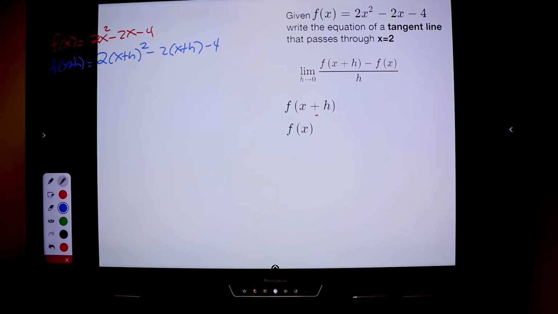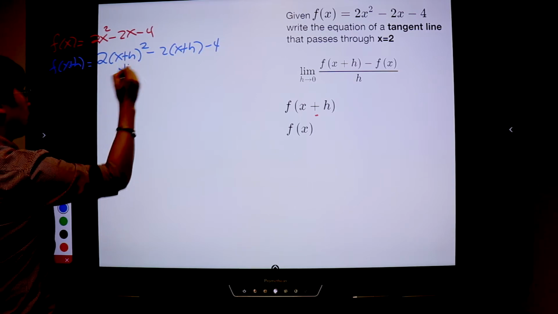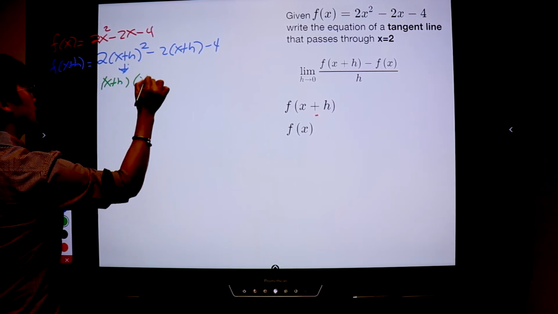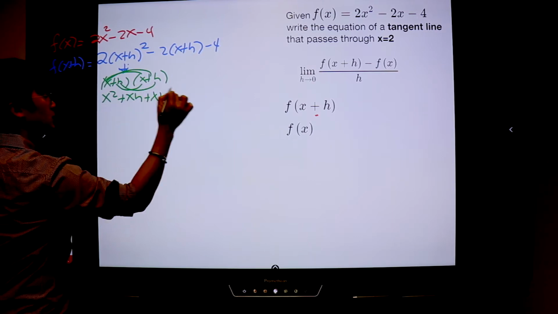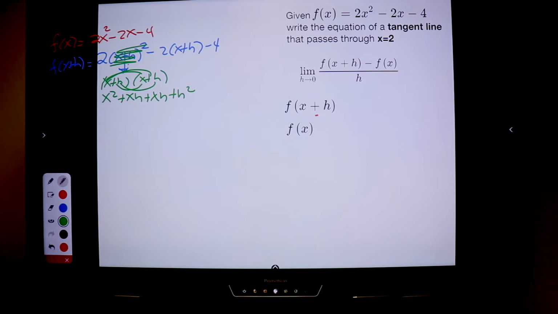Am I just going to distribute my exponent to x plus h? Yes. So we're going to expand this into x plus h times x plus h. We can get rid of that and use the expanded form of our x plus h quantity squared.